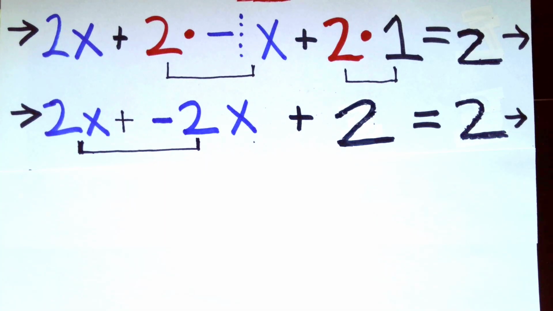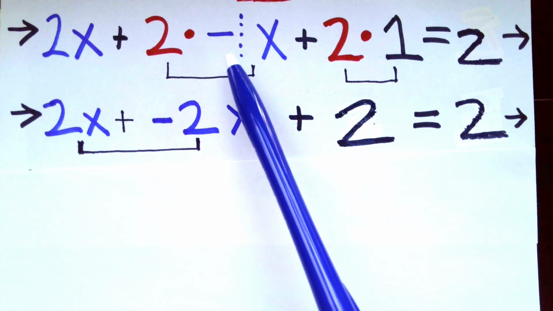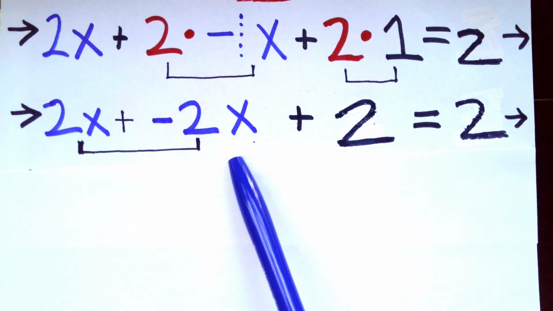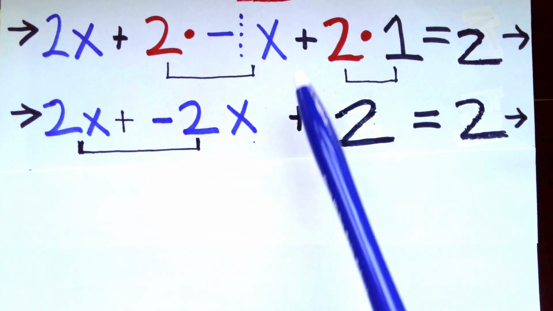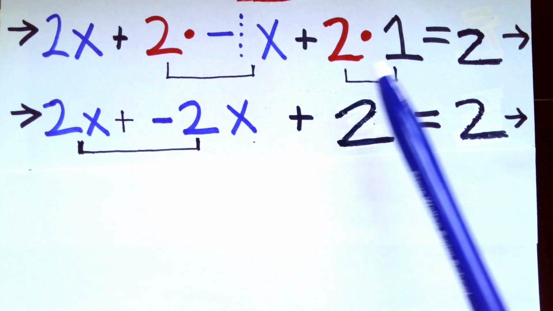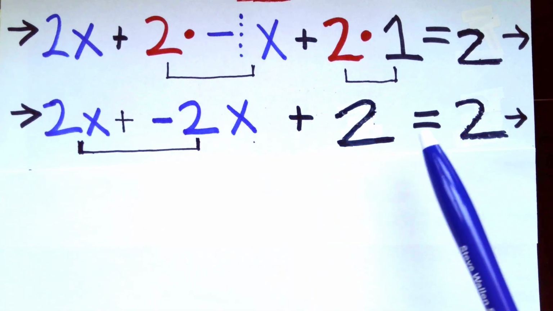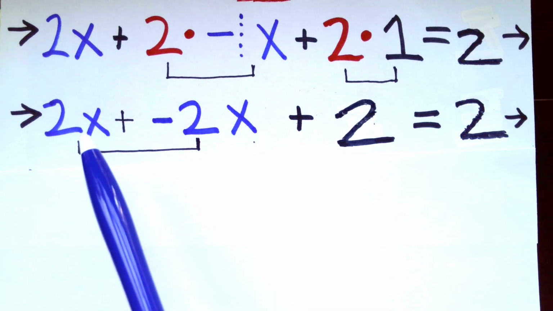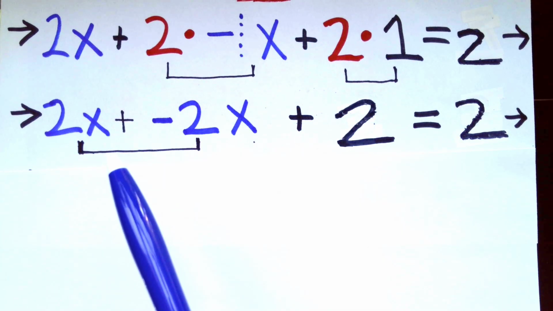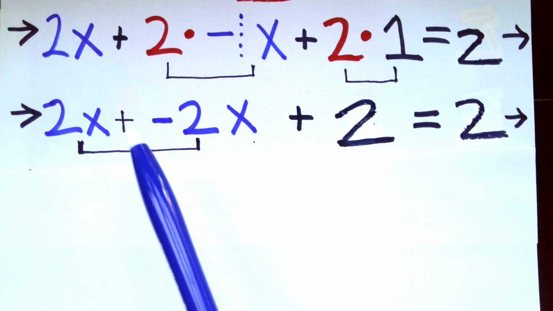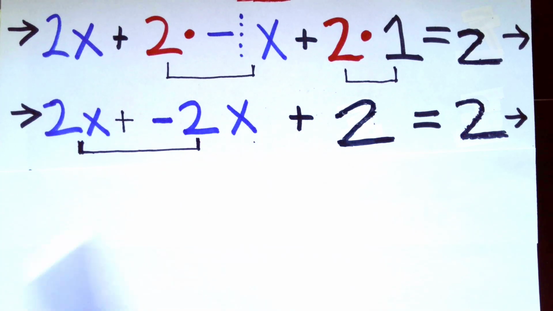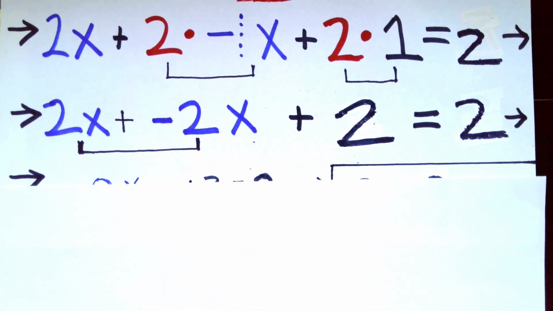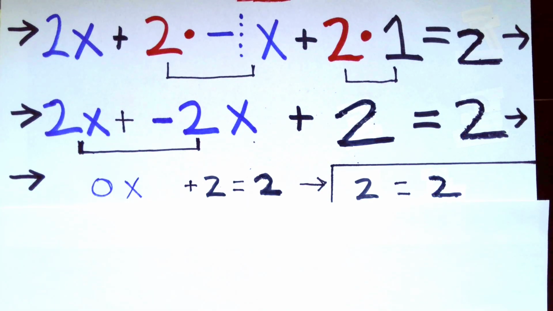Okay, so you can see here, 2 times a negative 1 is a negative 2. I bring down the x, it's attached through multiplication. Plus, 2 times 1 is 2. I bring down the equal sign, I bring down the 2, and I bring down the 2x. Now, from here, I'm going to combine like terms. 2x plus a negative 2x is 0x, right?